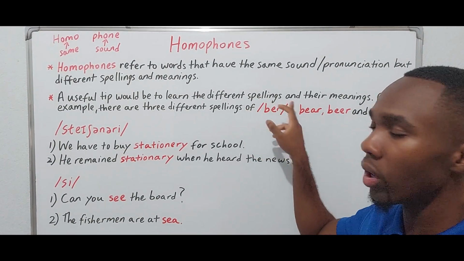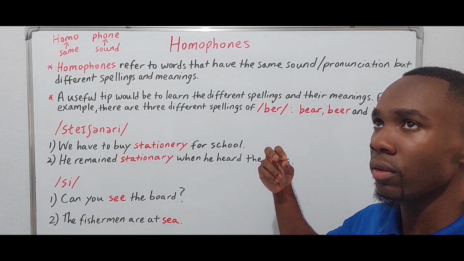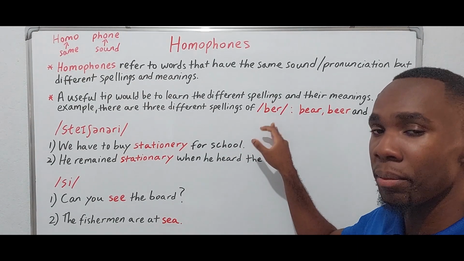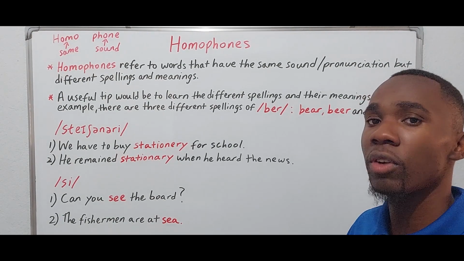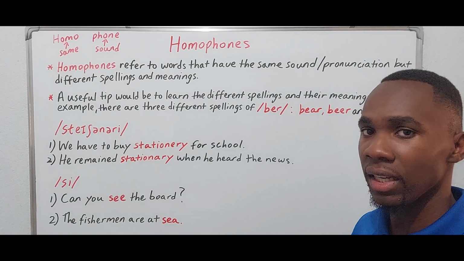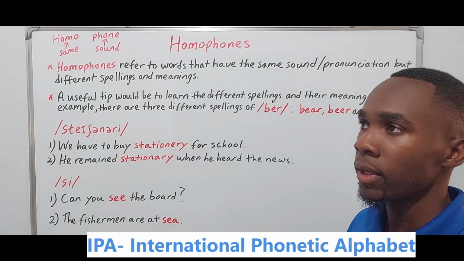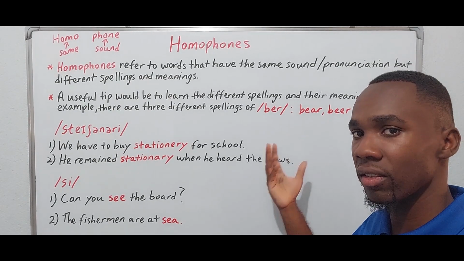And if you don't know what these brackets and symbols represent, they are a visual representation of sound. These are based on the IPA, the International Phonetic Alphabet, and these are used to visually represent sound, right?